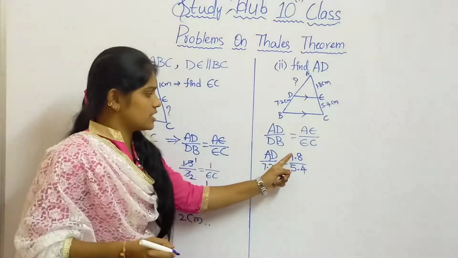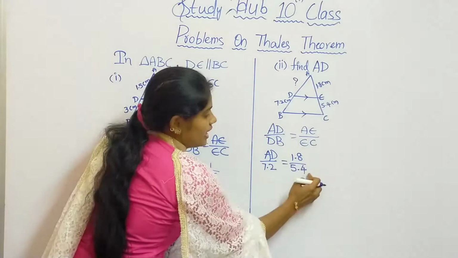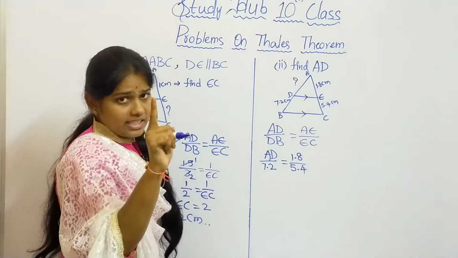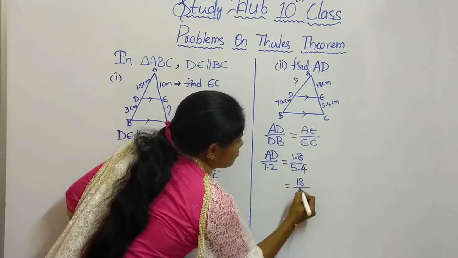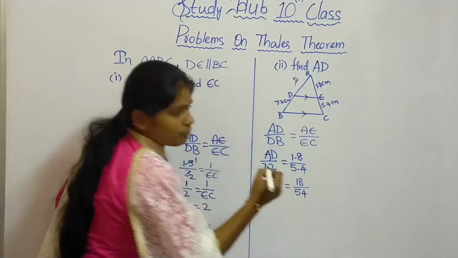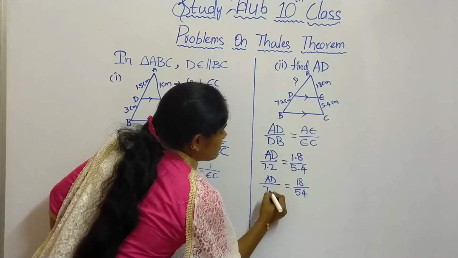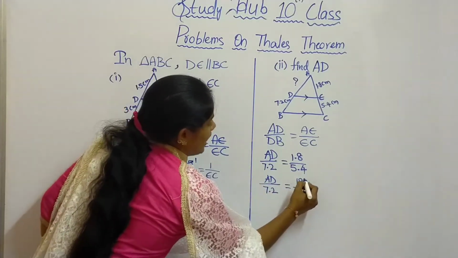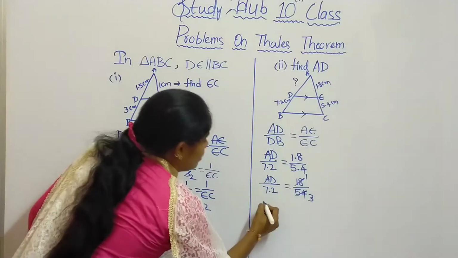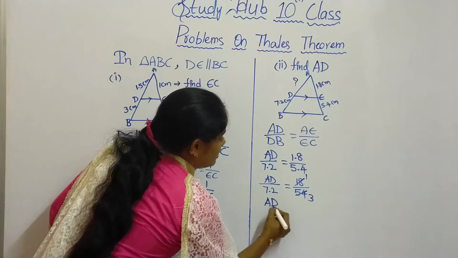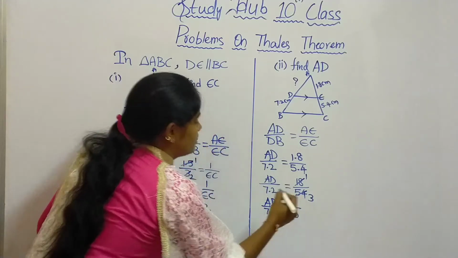For simple calculation, observe the right hand side: the numerator and denominator both have 1 digit after the decimal, so directly we can write 18 by 54, which is equal to AD by 7.2. 18 ones are 18, 3s are 54. Now the next step: AD by 7.2 is equal to 1 by 3.